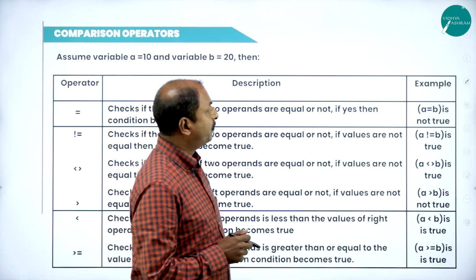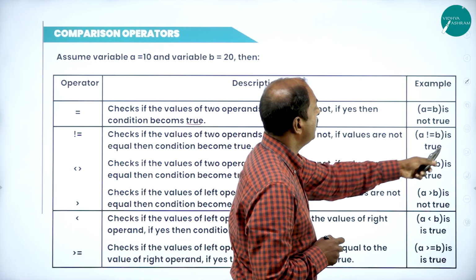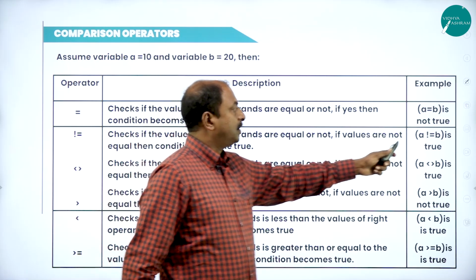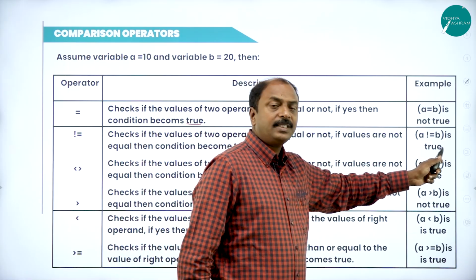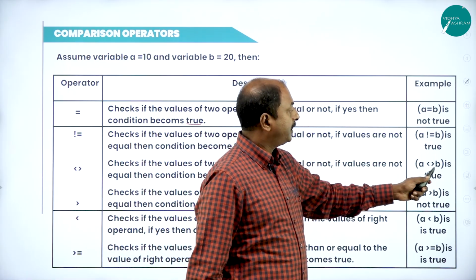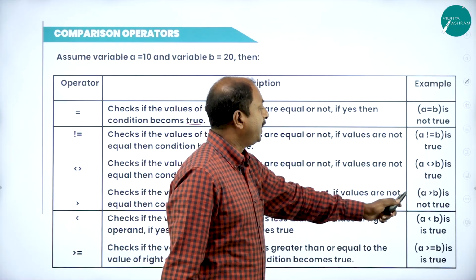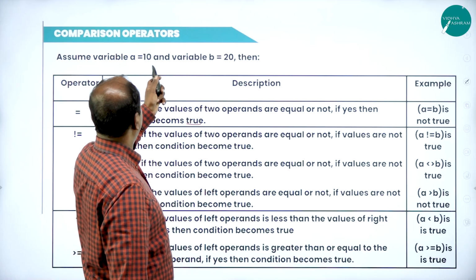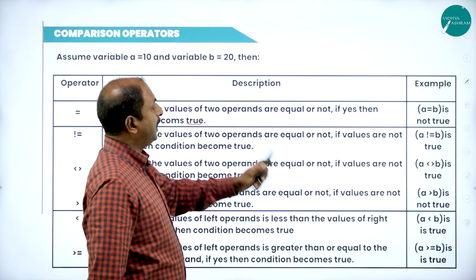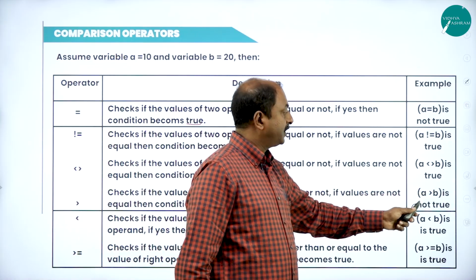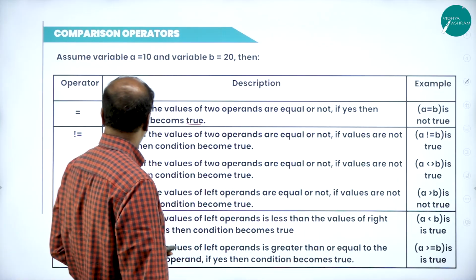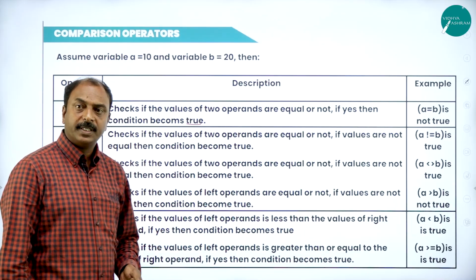Here it checks A not equals B. A is 10, B is 20, A is not equal to B, so the result is true. Similarly, A greater than B. Here this is the greater than symbol, A is 10 and B is 20, A greater than B is false. The result is not true, it is false. This is how a comparison operator works.